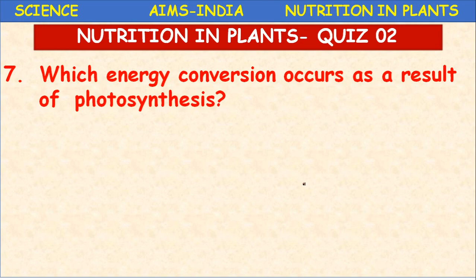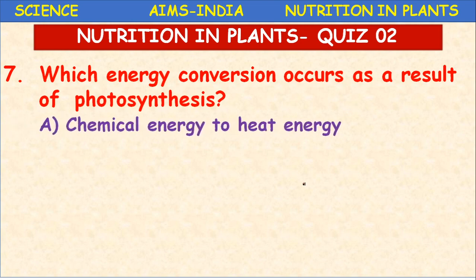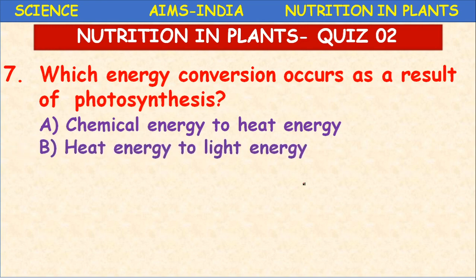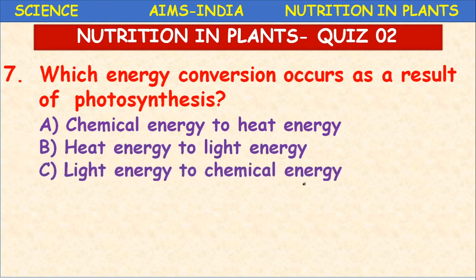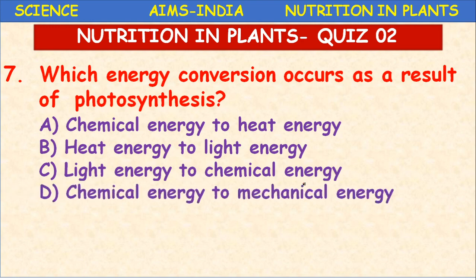which energy conversion occurs as a result of photosynthesis? Chemical energy to heat energy, light energy to chemical energy, mechanical energy. Okay, here, what transformation of energy is taking place?